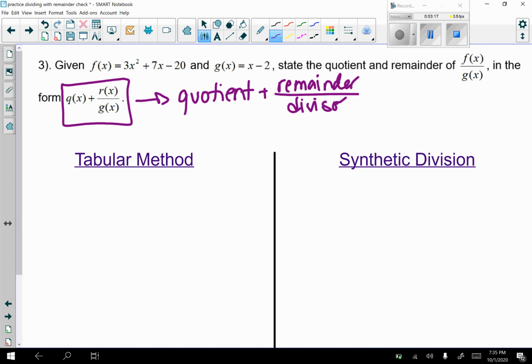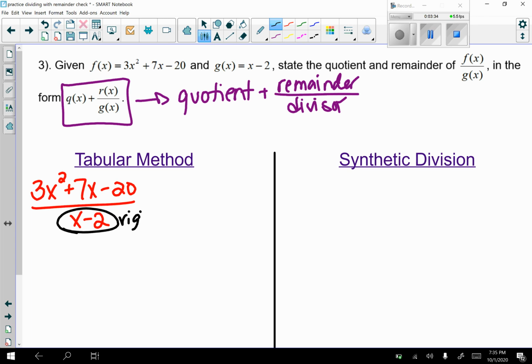Okay, so now we're going to start with the tabular method. So I have 3x squared plus 7x minus 20 divided by x minus 2. Remember, this is my divisor. It goes on the right side. This is my dividend.